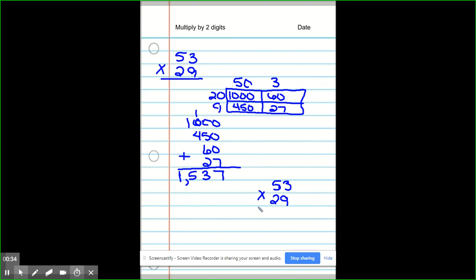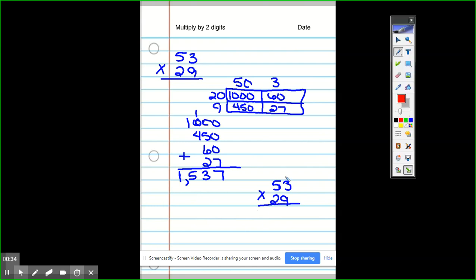The first thing is we're going to multiply 9 by everything in the top row. So 9 times 3, everyone knows, is 27. Carry my 2. 9 times 5, 45 plus 2, 47. So there's my top row.